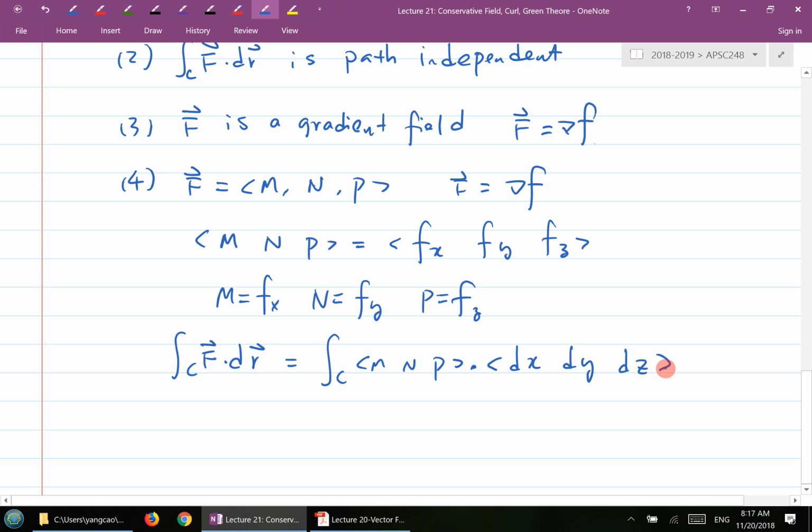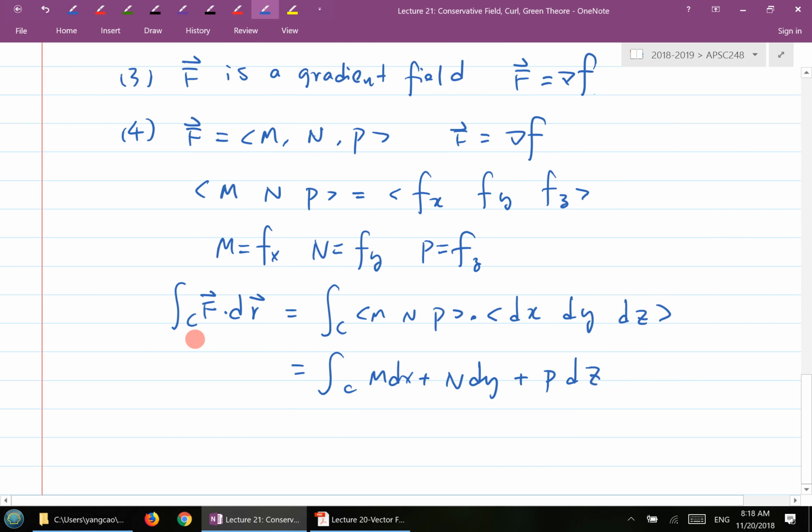So the dr here is basically dx, dy, and dz. Multiply these two things together, you get M dx plus N dy plus P dz. So that's a general formula basically. If you have a vector line integral, you can eventually write down a formula like this.